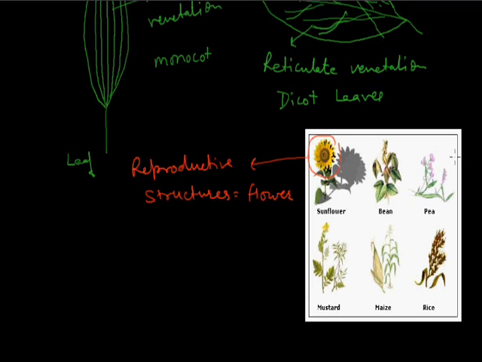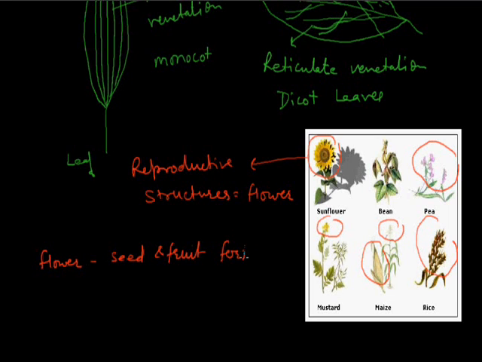In the rice also, in the case of maize also, these are the flowers. This is the female flower in the maize. In the case of mustard, the yellow colors are the flowers. So angiosperms have flowers in their structure, which are responsible for the reproduction and seed formation. So flowers are responsible for the seed and fruit formation.